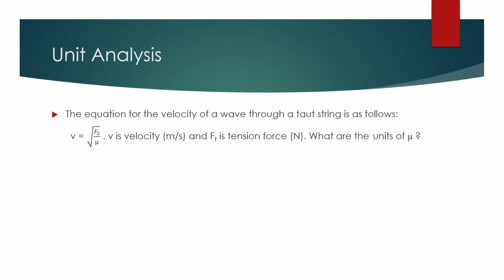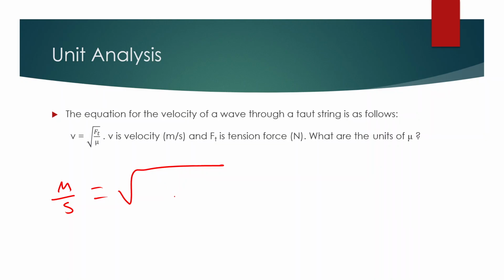So, boy, I hope I can use this equation. Well, I can if I can just do some unit analysis. So let's find out what the units of mu are, and then maybe that'll tell us what mu actually is, too. So, all right, we have velocity in meters per second equals square root of Ft over mu.